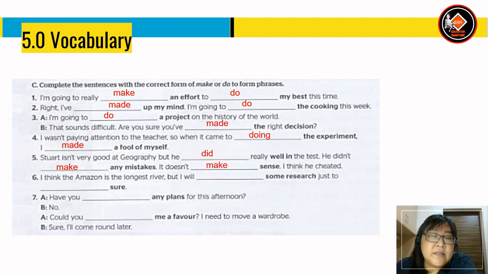Number 6, I think the Amazon is the longest river, but I will do some research just to make sure. Number 7, have you made any plans for this afternoon? No. Could you do me a favor? I need to move a wardrobe. Sure, I'll come round later.